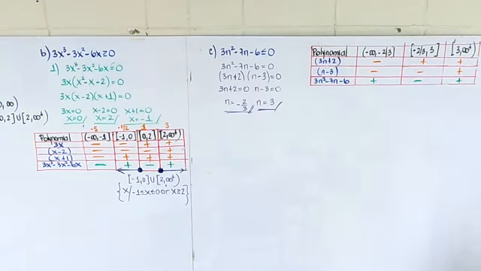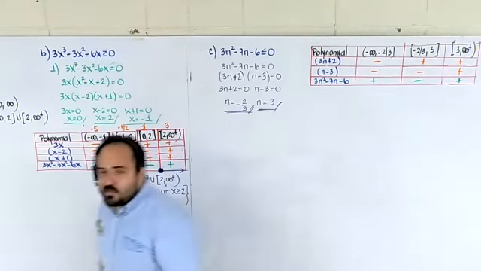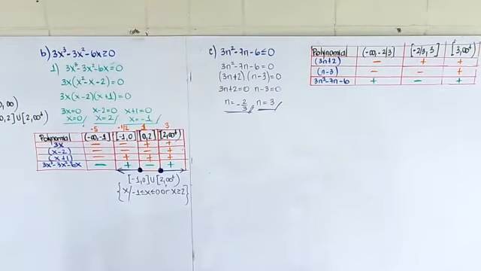Okay, it's time to provide the solution on the number line. What the inequality says, guys: 3n squared minus 7n minus 6 less than or equal to 0. What numbers are less than or equal to 0?